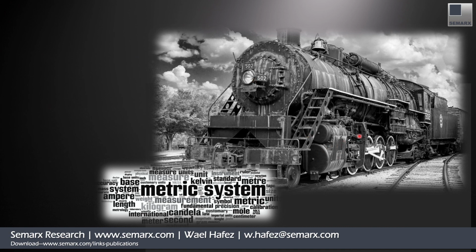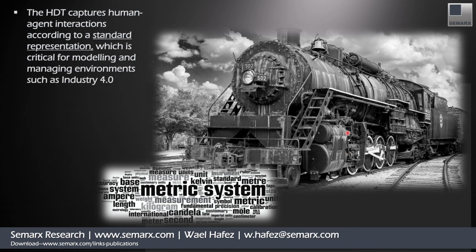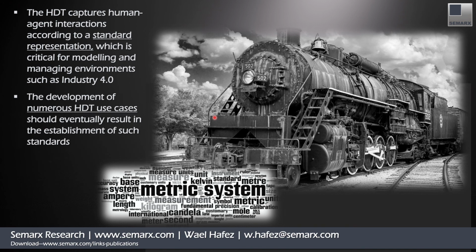So the Industrial Revolution was enabled largely by having a standard system of metrics. This is what we are hoping for from the human digital twin. It is not just a solution to help people. We hope to also develop a standard way to represent how humans interact with their environment. And once we have that representation, we can then learn and increase the complexity of the environment.